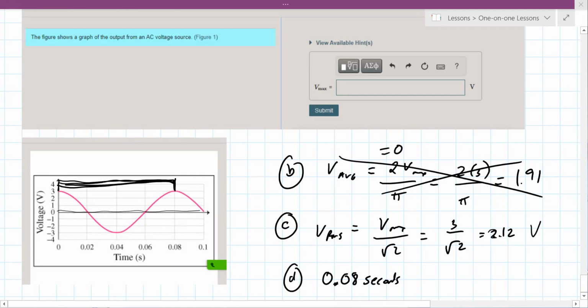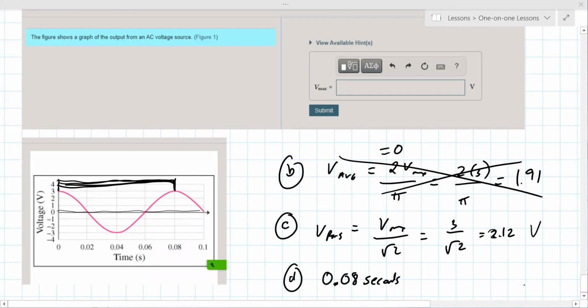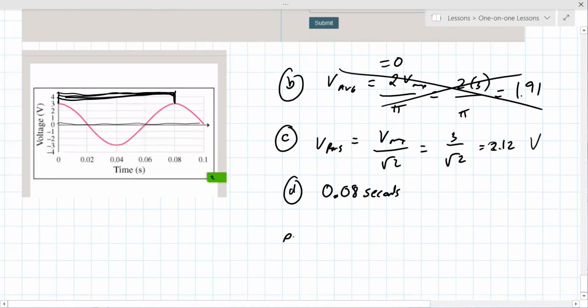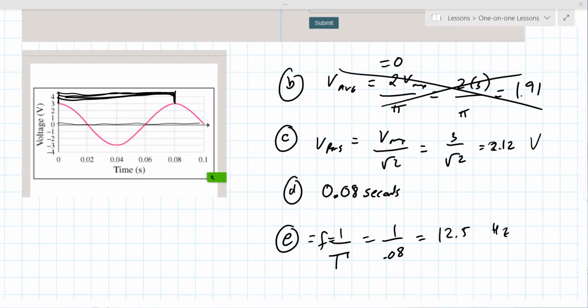Okay, so we can do that without too much effort here. The frequency F is equal to 1 over T. So it's 1 over 0.08, which is 12.5 hertz. That's correct. What's the angular frequency of the source?